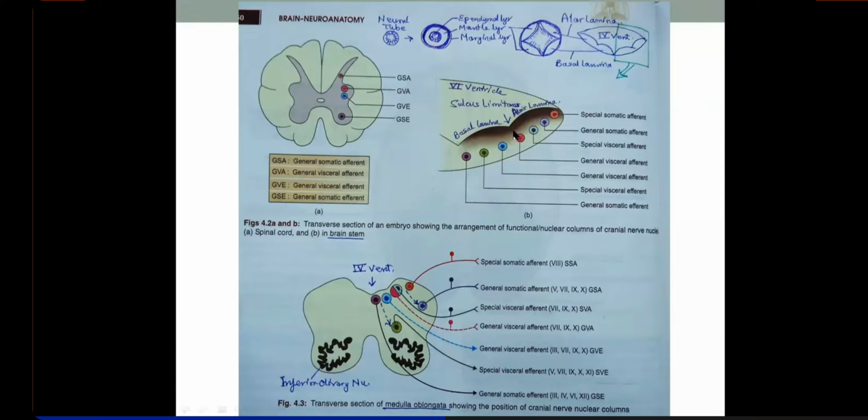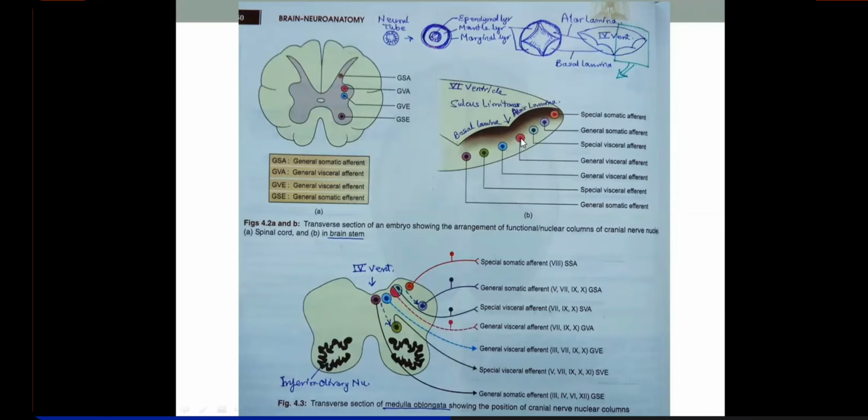So I hope you've understood how these functional columns are placed: make the sulcus limitans the binding of the book, and these are the pages of the book on the two sides. When you close the book, these functional columns will overlap their reflex functional columns. General somatic afferent will overlap general somatic efferent. Then, nearer to the binding of the book, as I told you, are the autonomic fibers adjacent to the sulcus limitans.